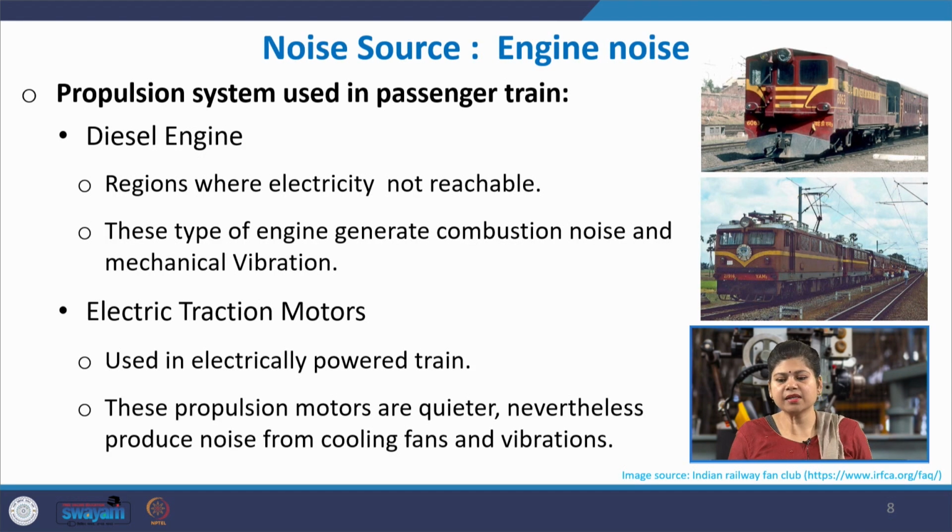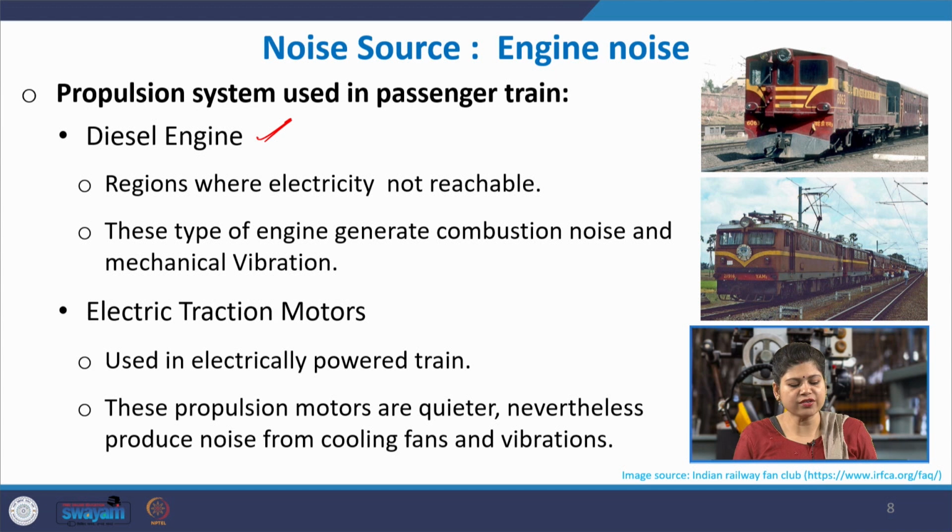Then let us see what the typical engine noise is. As already discussed, the propulsion systems used in passenger trains are diesel engines and electric traction motors. The diesel engines are used in regions where electricity is not very reachable, and these engines generate combustion noise and mechanical vibrations.